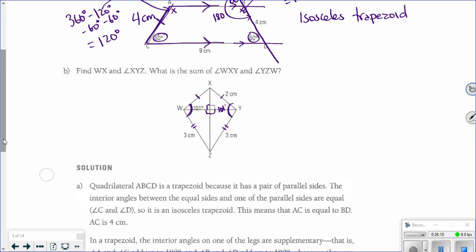Okay, so it's asking us to find the length of WX. So WX is this piece from W to X. And because I know it's the exact same size as the one on the other side, the 2 centimeters, this is also going to be 2 centimeters.